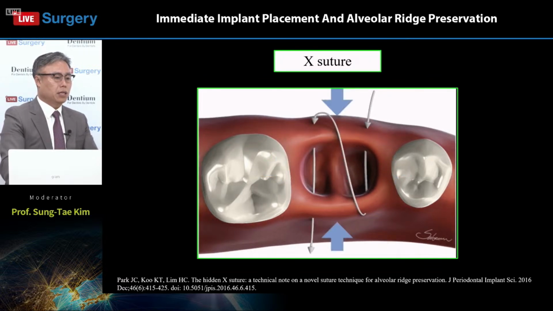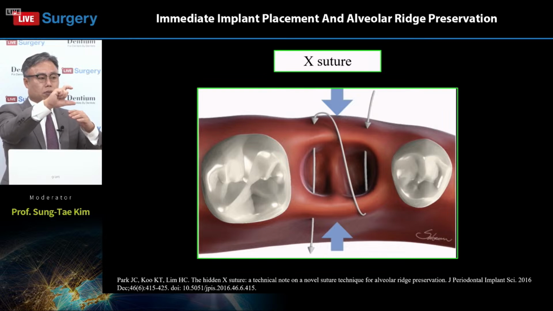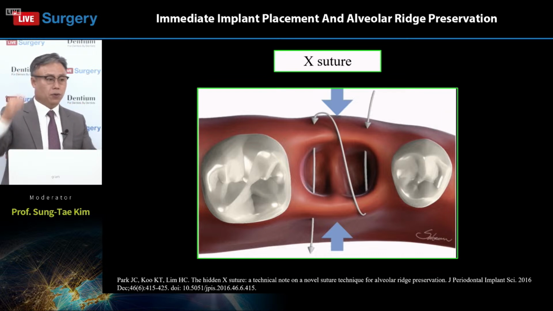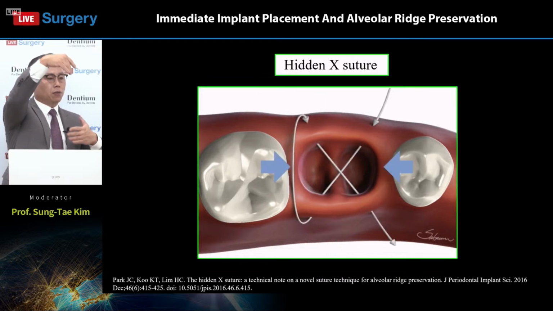The X suture looks like that, but the X figure is outside the extraction socket. The buccal and lingual sides will be closer after this suture, because there is some force applied in the buccal and lingual direction. You know what I mean? So with the hidden X suture, there's no force applied in that direction, whereas the other ends up decreasing the dimension of the buccal-lingual width. Therefore, going back to the hidden X suture, there's no force applied in the buccal and lingual direction.